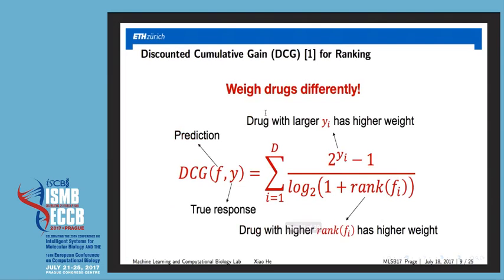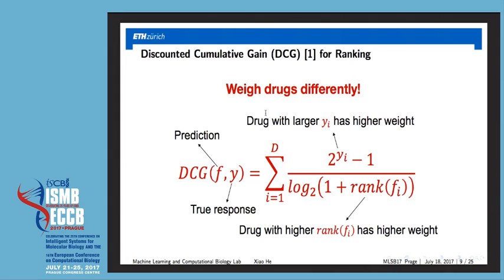To do this, we change the mean squared loss function in the former formula to a ranking-based loss function. We use the discounted cumulative gain for ranking. The idea of this function is to weight drugs differently. It's short for DCG of f and y, where f is the prediction and y is the true response, a row vector for one patient.